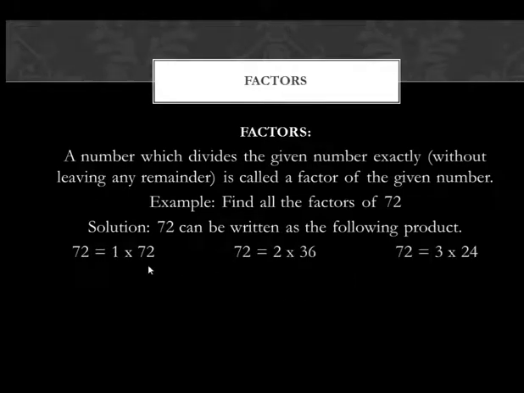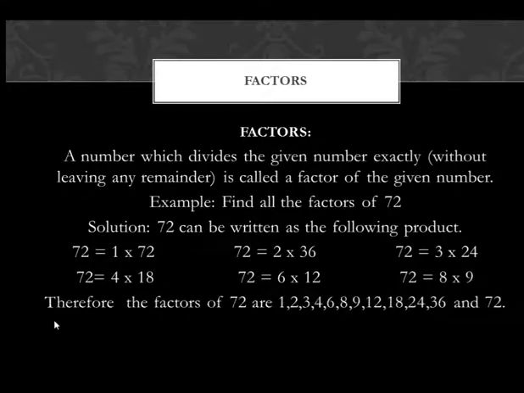So 1 into 72, 2 into 36, 3 into 24, 4 into 18, 6 into 12 and 8 into 9. So these all are the factors of 72. So we can say the factors of 72 are 1, 2, 3, 4, 6, 8, 9, 12, 18, 24, 36 and 72. Okay. So in this way we can find the factors of the given numbers.